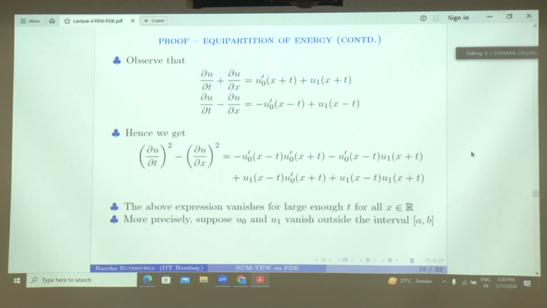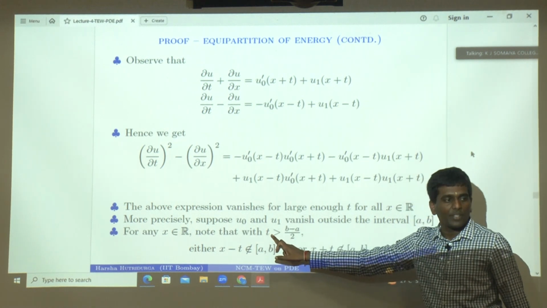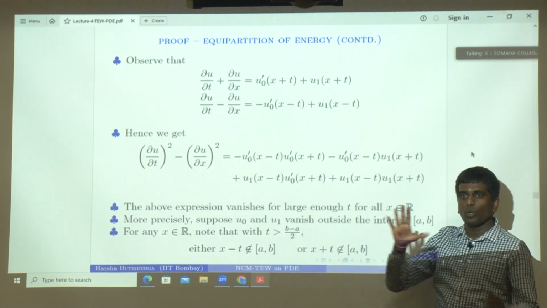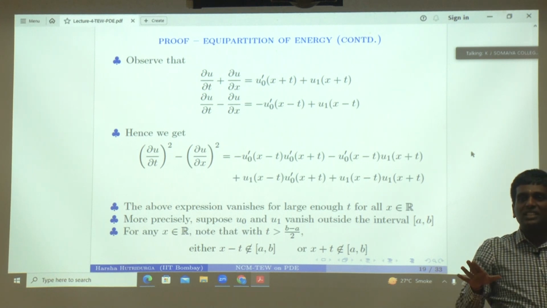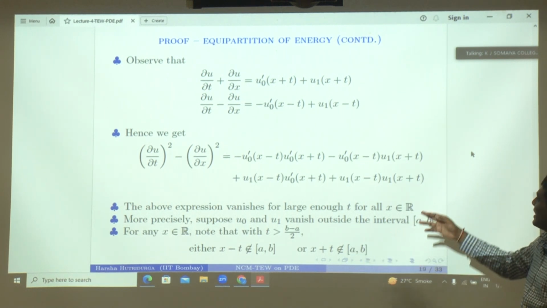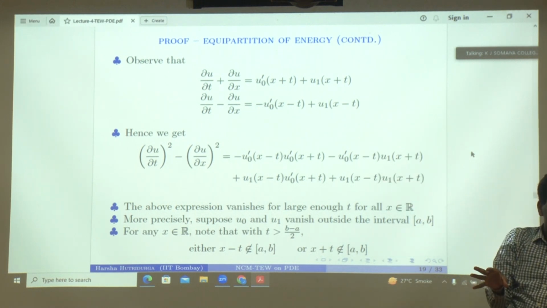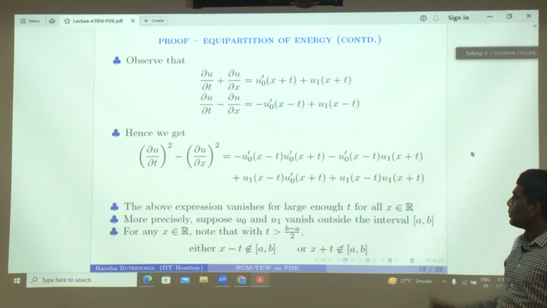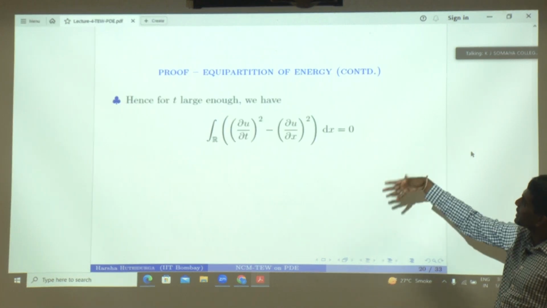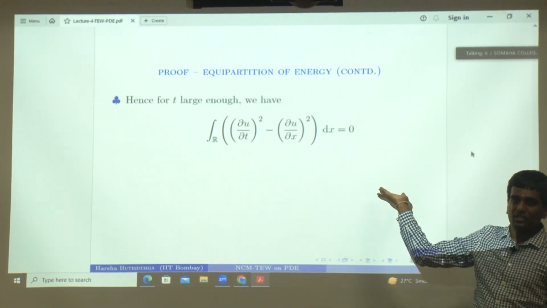So this is the point I was trying to make. In particular, this is the exact amount of time that you have to go. If you go half the length of that interval, you will make sure that either of them will go out, and each of these terms has either x plus t or x minus t evaluation in it, so it will vanish, you integrate, and you have actually shown that this is 0 for large enough t.